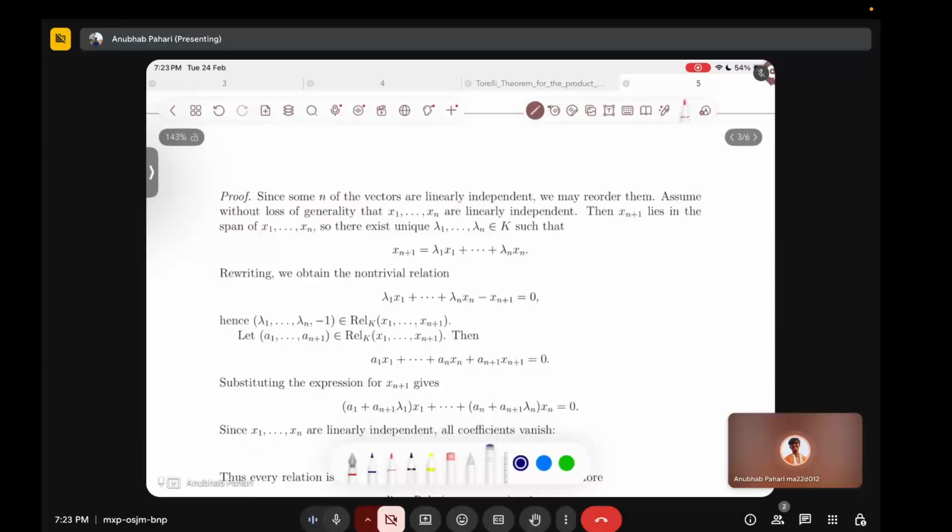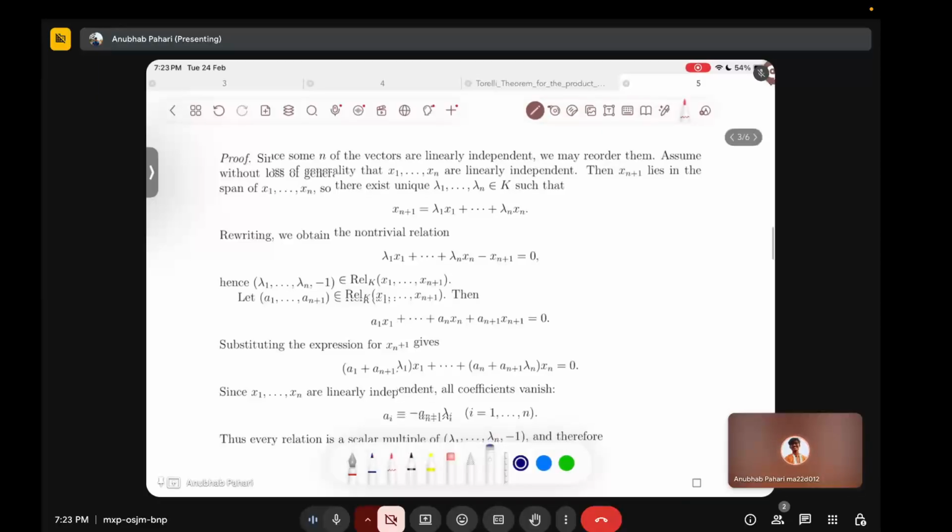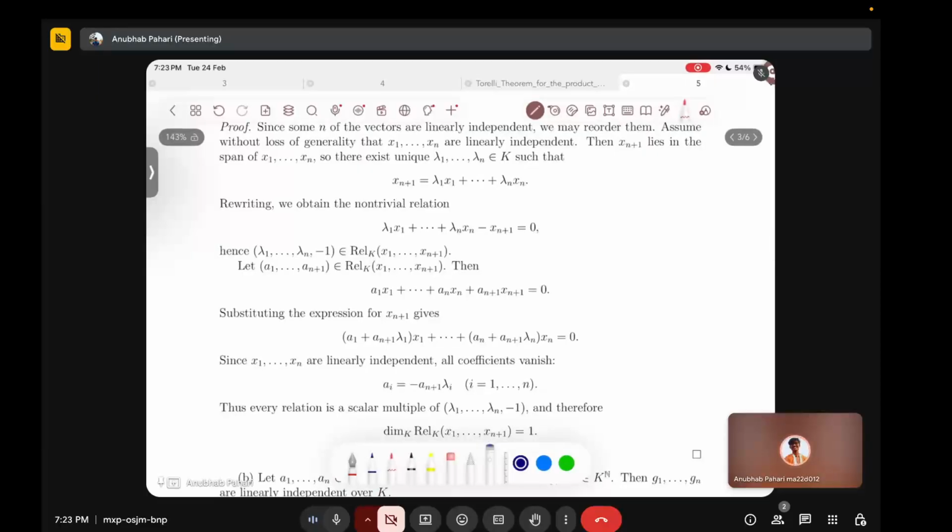And rewriting, we obtain the non-trivial relation, that is lambda 1 x1 plus up to lambda n xn minus x_{n+1} equals 0. Hence (lambda 1, ..., lambda n, -1) belongs to this set of relations of x1 to x_{n+1} over k, and let (a1, ..., a_{n+1}) belong to this set.